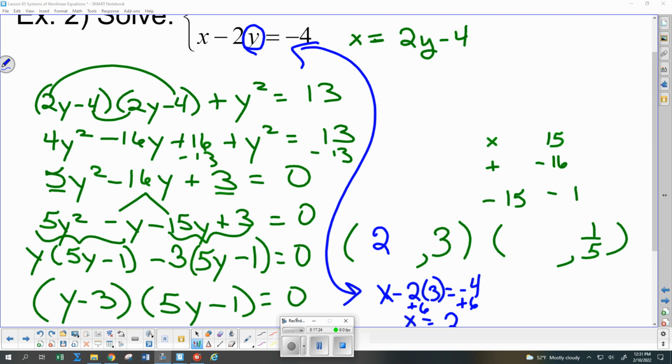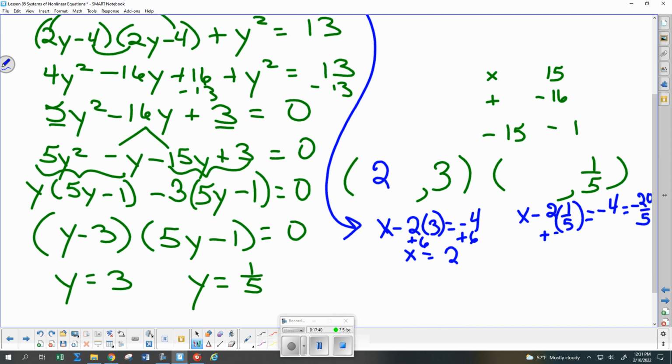Now the y is going to be a fifth. So x minus 2 times a fifth needs to be negative 4, which is negative 2/5. And so then let's see, if I add 2/5 to both sides, what will x have to be?